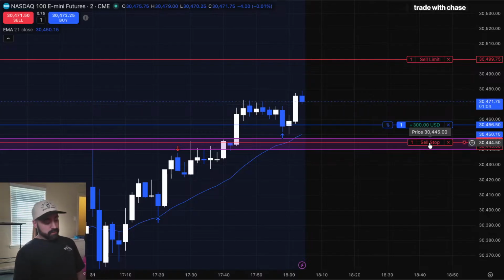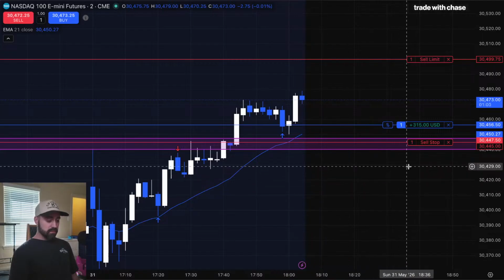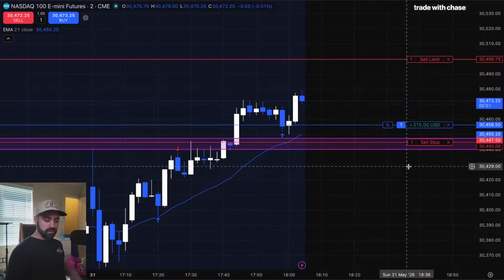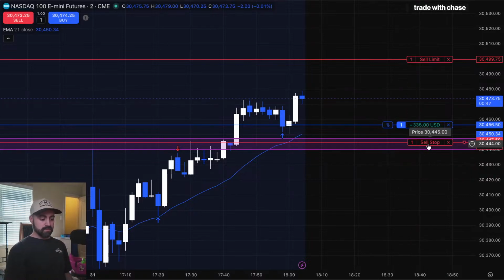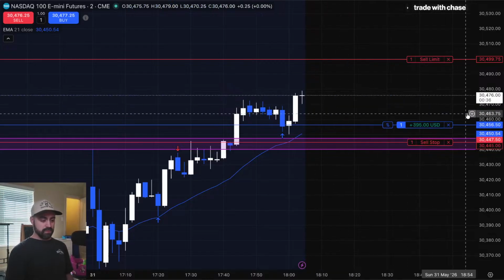If it blows through that and starts coming back down, I still might move my stop to break even just so that we don't lose what we've already got. It's not worth it, but there we go. Let's go.